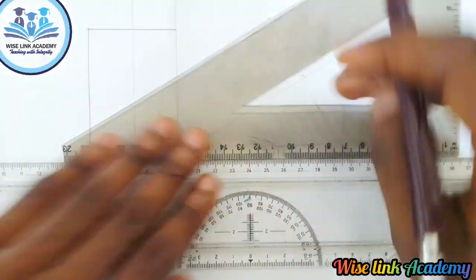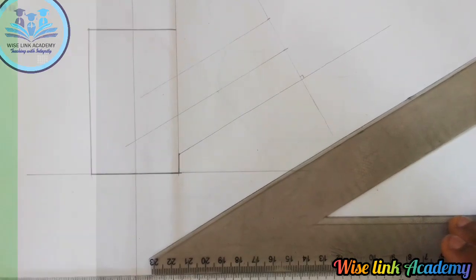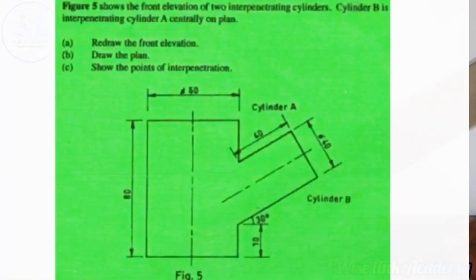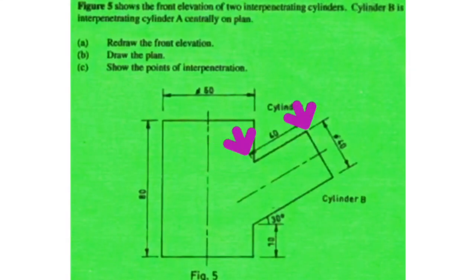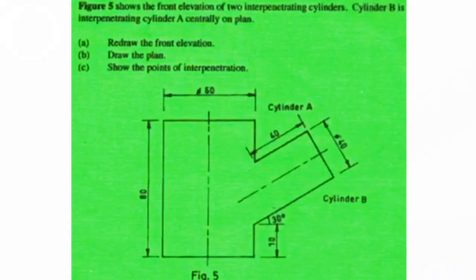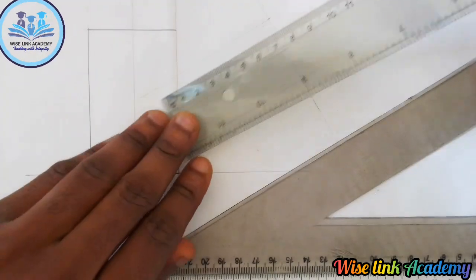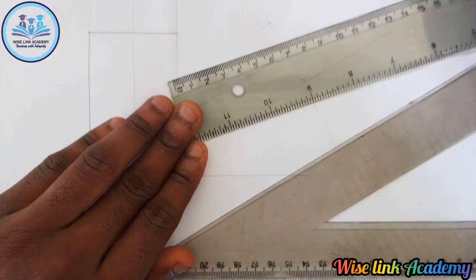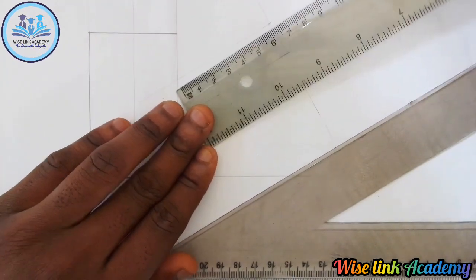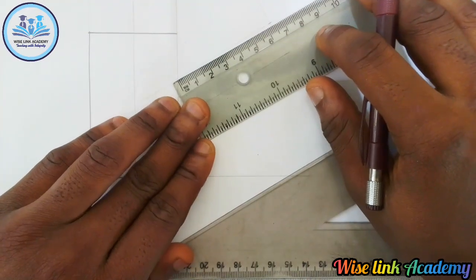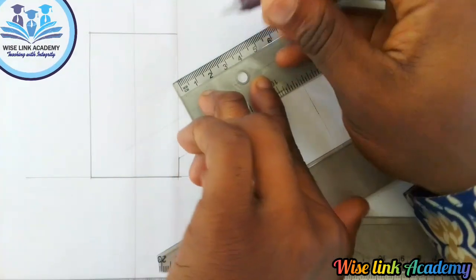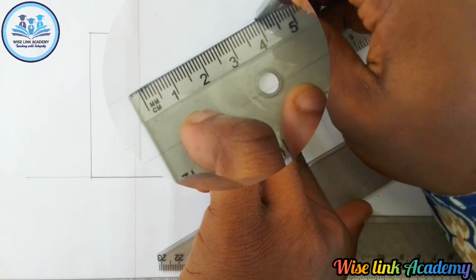Now going back to our question. As you can see in the question, from here to here is 40. So now let's measure that. From this point here, somewhere here is 40.